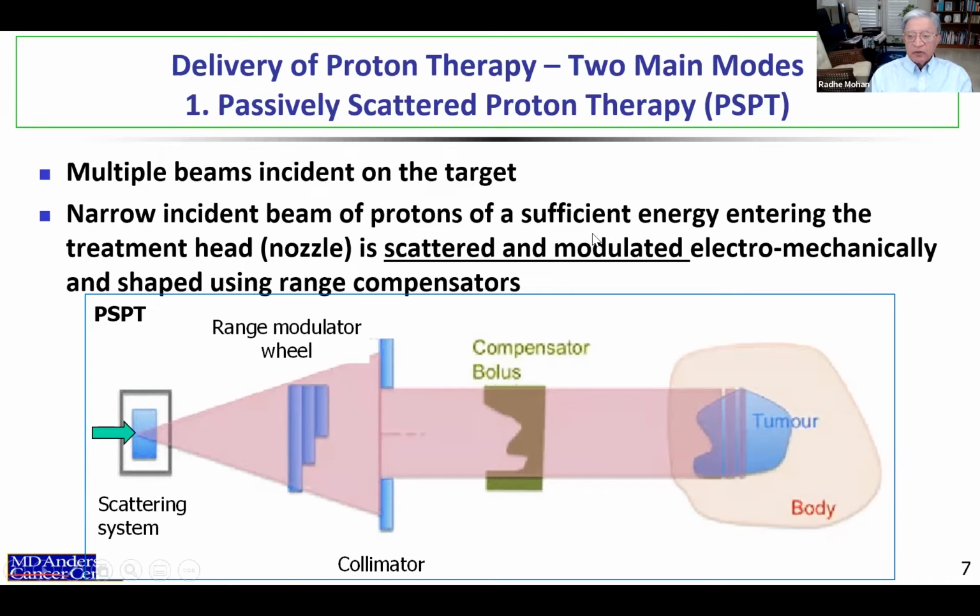For passive scattering proton therapy, a narrow beam of protons is incident. It enters the nozzle, the treatment head, and it is scattered and modulated and shaped electromechanically so that the distal edge becomes conformal to the shape of the tumor.